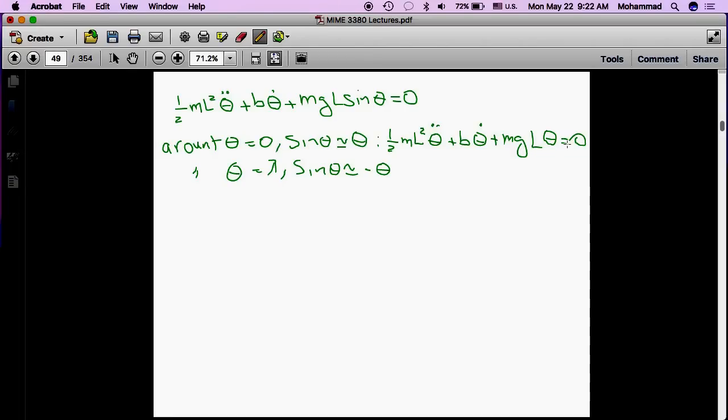It is no longer a nonlinear system. Now I have a linear system. So everything that I know about the mass spring damper system, I can apply here because I got rid of the sine. If you do the same thing here, it is going to be all the same, except for the last part, it's going to be minus mgl theta equals 0.